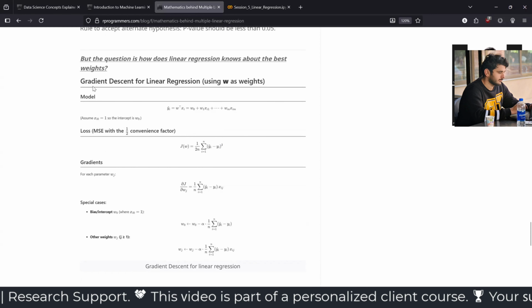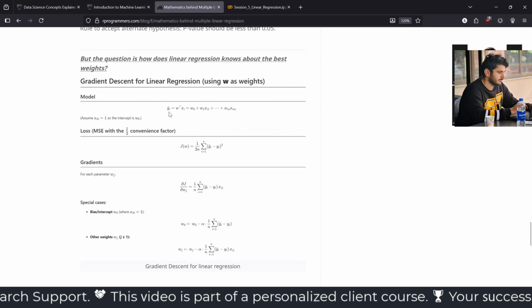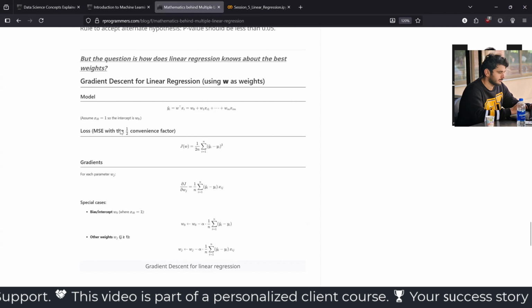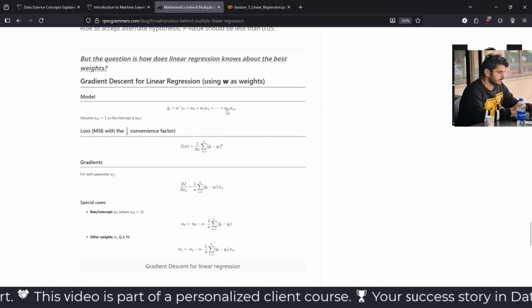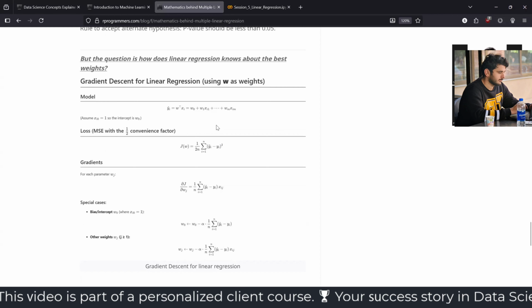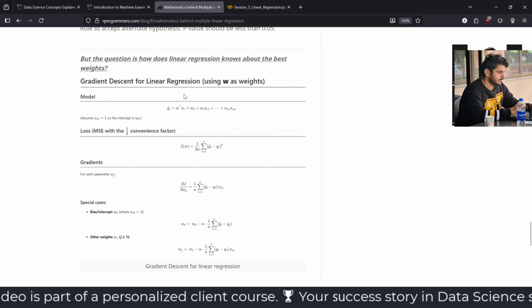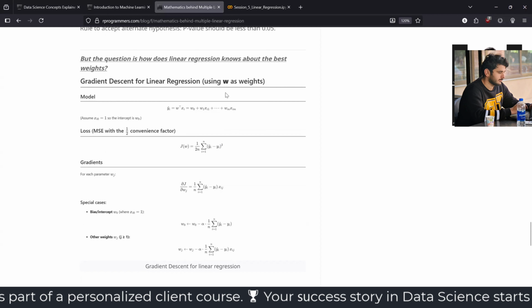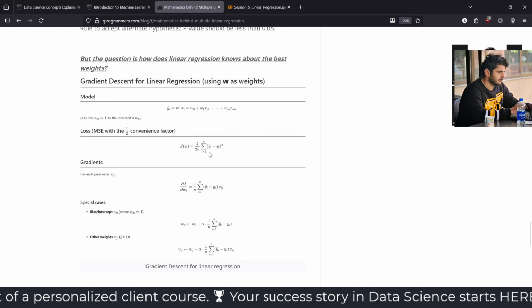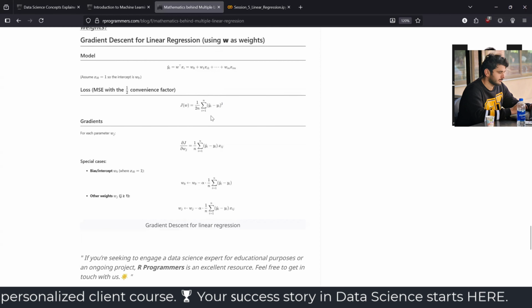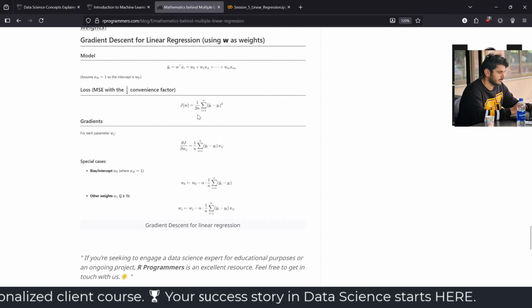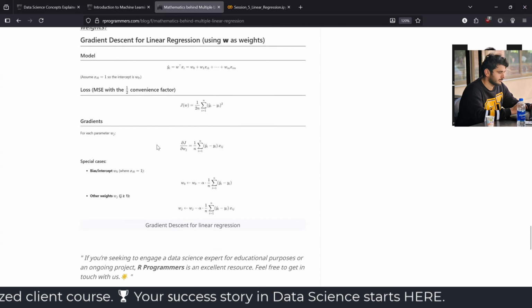In Python, we use an algorithm called gradient descent. What gradient descent does is, we have a model, we get W naught, W1, W2, basically beta naught, beta 1, beta 2, and we calculate the error. Then we use the gradient formula.